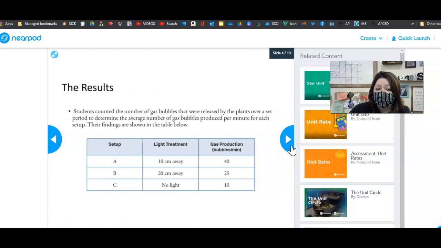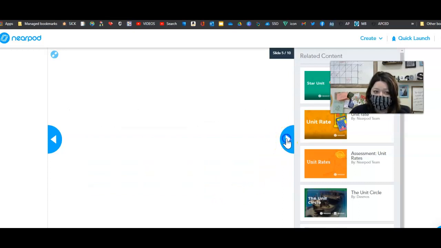The results of the experiment are that the students counted gas bubbles that were produced. The ones that were in setup A, where it was 10 centimeters away, gas production was 40 bubbles a minute. In B, it was 25 bubbles a minute, and in C, it was 10 bubbles a minute.